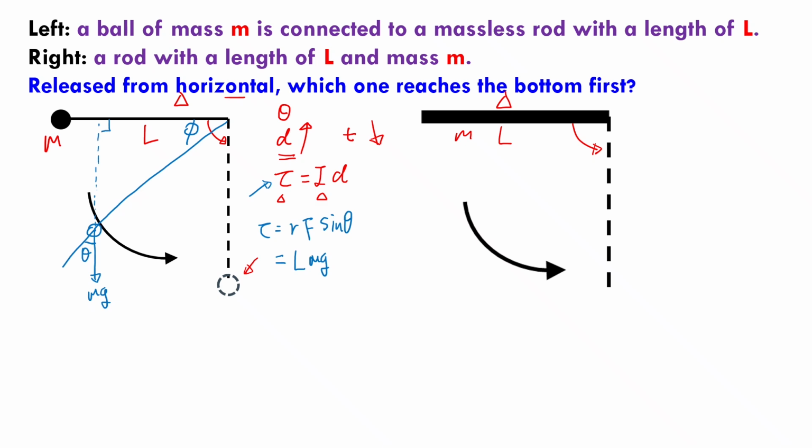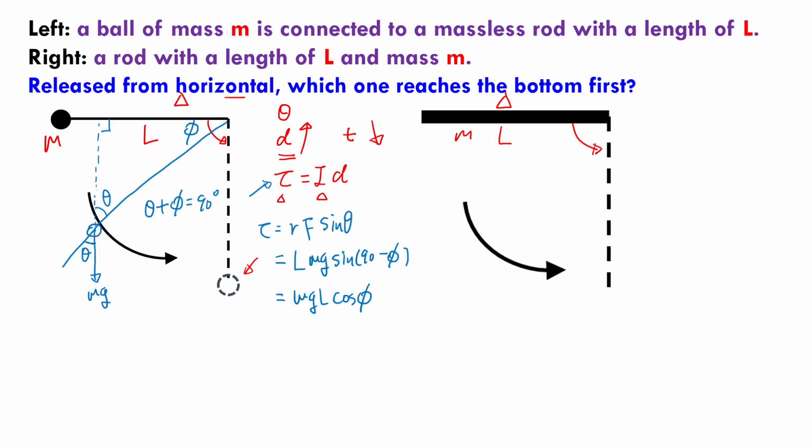So this is theta too. Then we have theta plus phi equals 90 degrees. So sine theta is sine of 90 minus phi. This equation becomes mgL times cosine phi. So we find our torque.